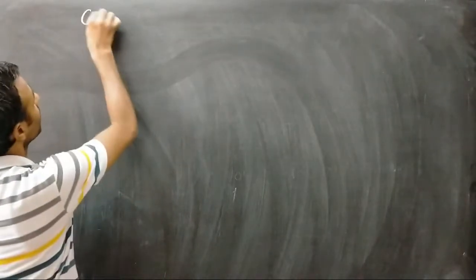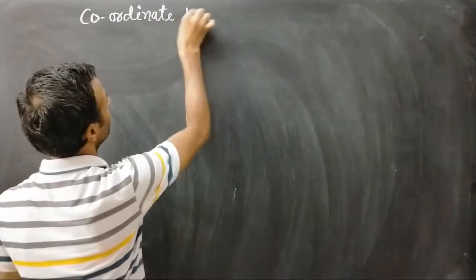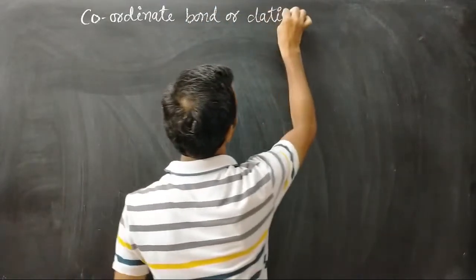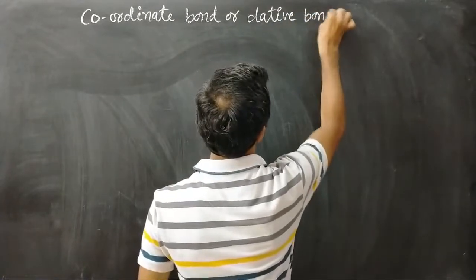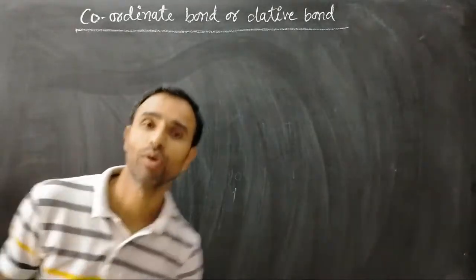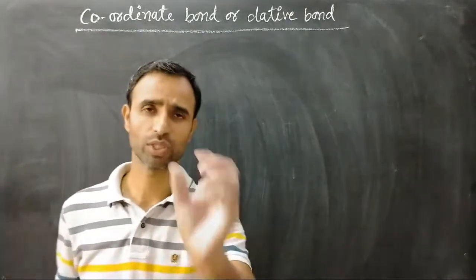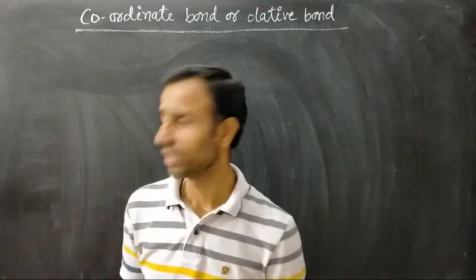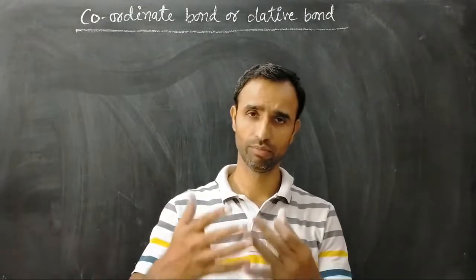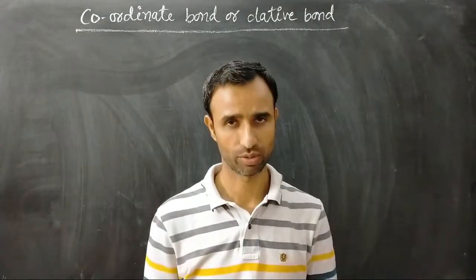Coordinate bond or dative bond. I have given some idea about that. Actually, a coordinate bond, once it is formed, is just like a covalent bond. There is sharing of electrons.